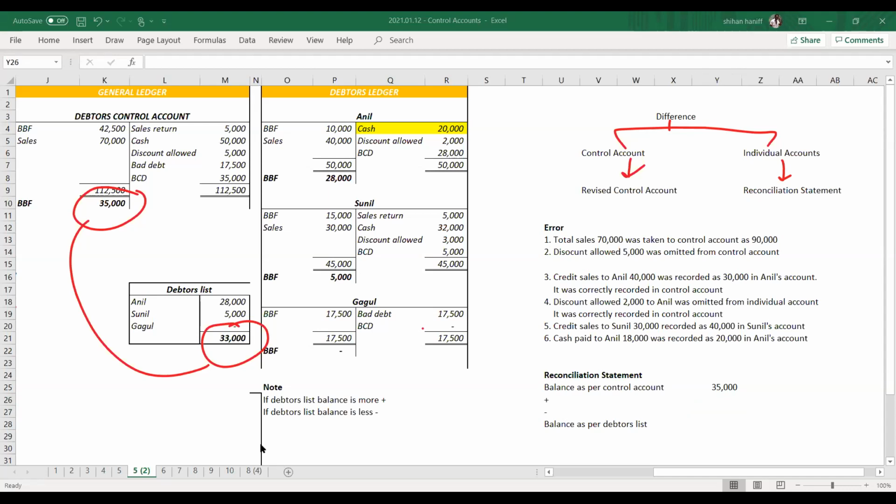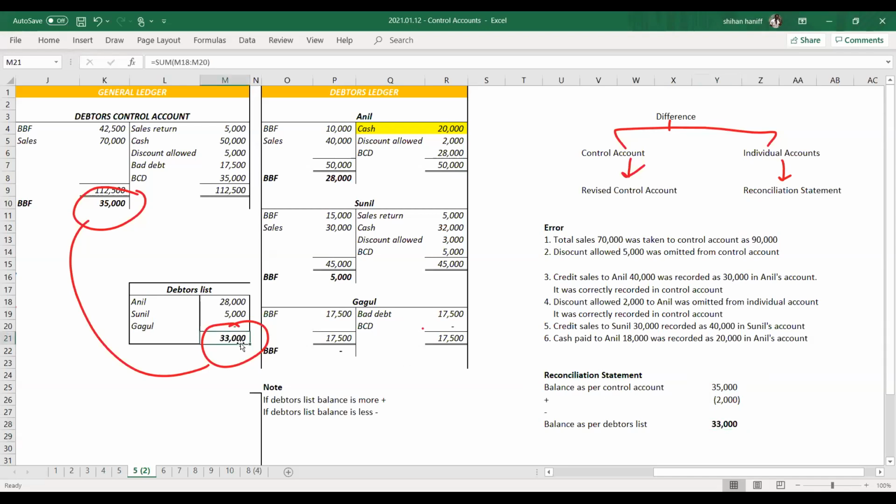What is the answer? So it's a minus 2,000. Then only you get the debtors list balance as 33,000. So the answer should be 33,000.